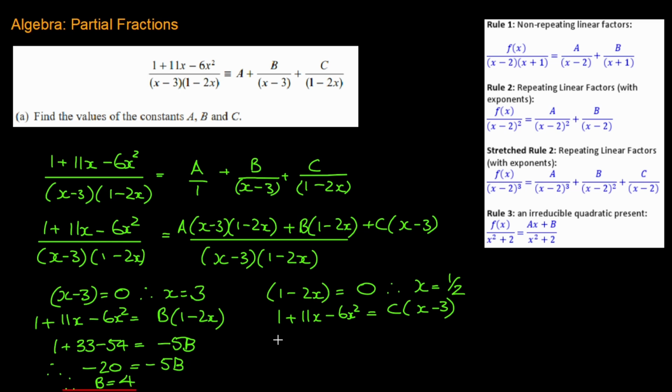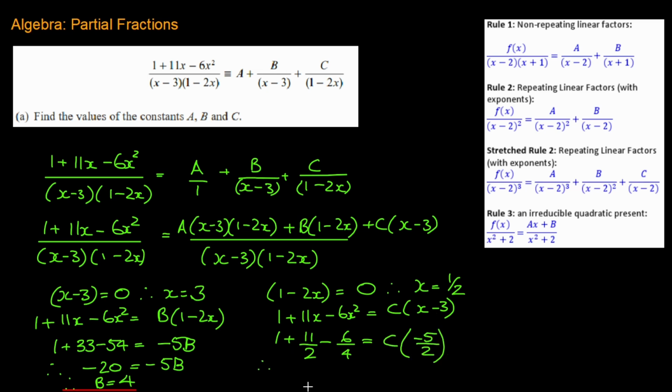And solving this equation, I get 1 plus 11 over 2 minus 6 times x squared, which is a quarter, so this will be 6 over 4, and that's equal to c, so this is multiplied by negative 5 over 2.